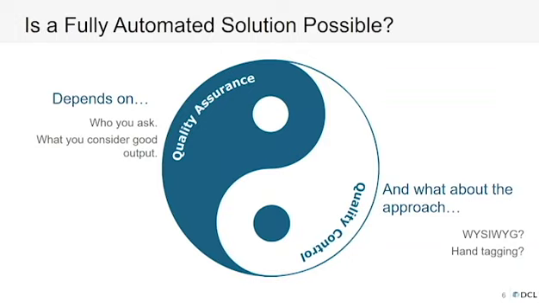So what is truly the correct approach? It's not always a clear and defined answer. Every case will need to be analyzed, and you will need to find the right balance between automation and manual work. When making that decision, you need to take into account how much time and cost it would take to develop the automation versus how much time and cost it will take to manually tag the data.